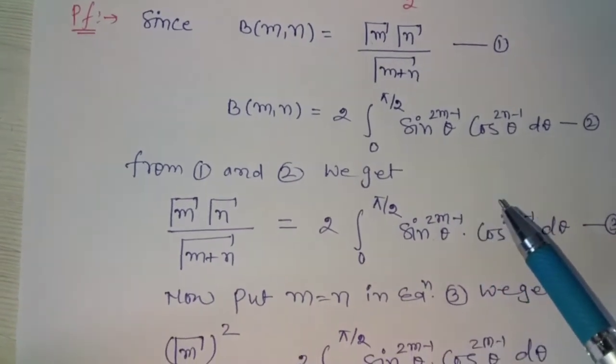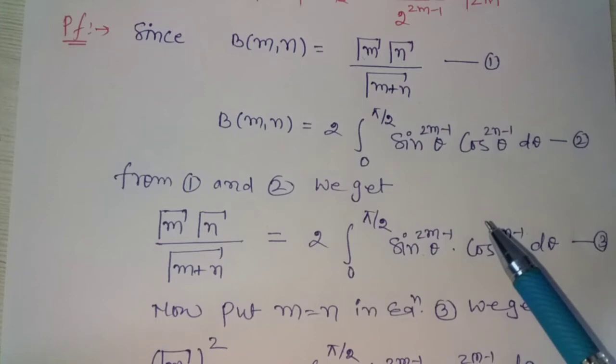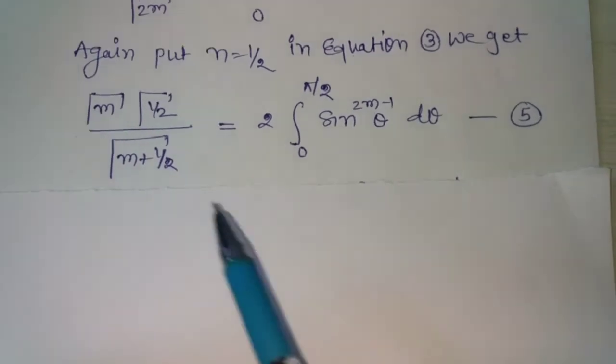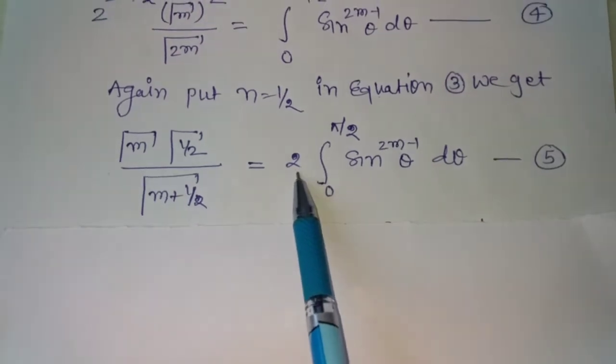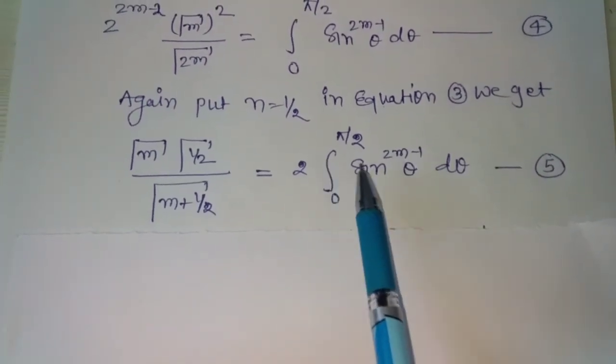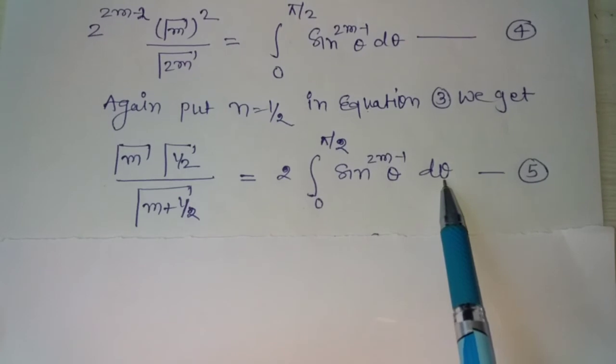So we get gamma m into gamma half upon gamma m plus half equal to 2 times 0 to pi by 2 sine raised to 2m minus 1 theta d theta.